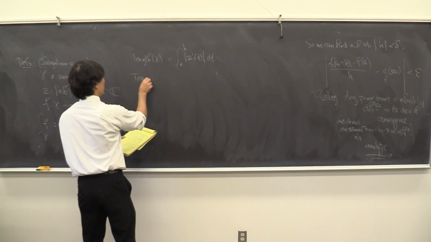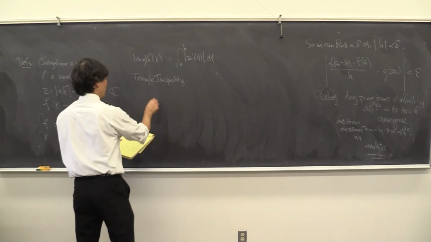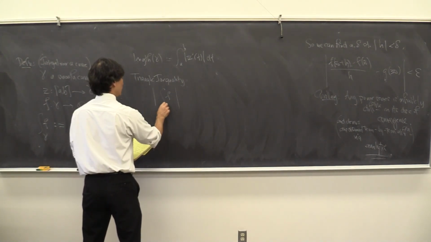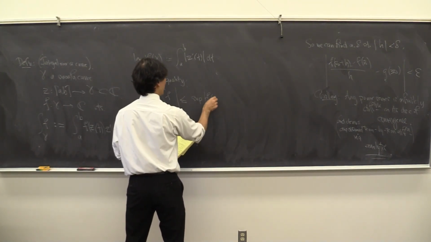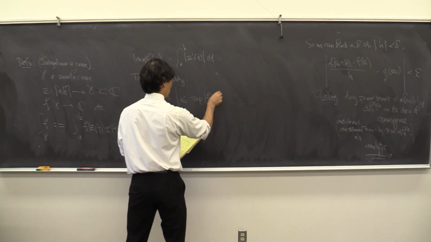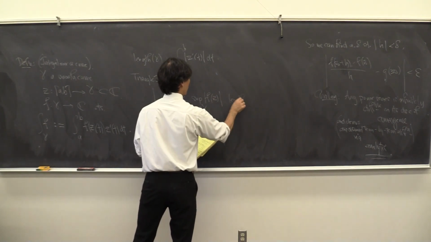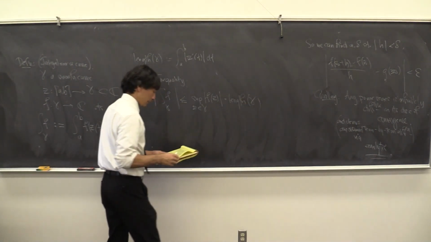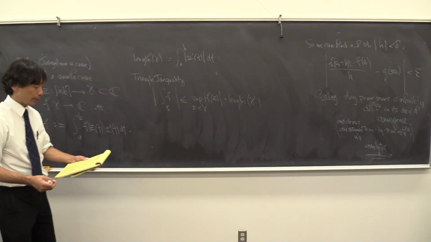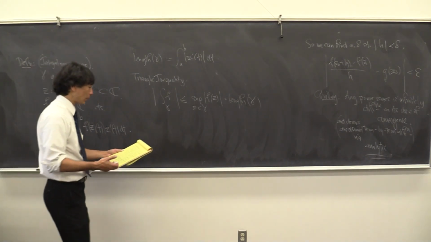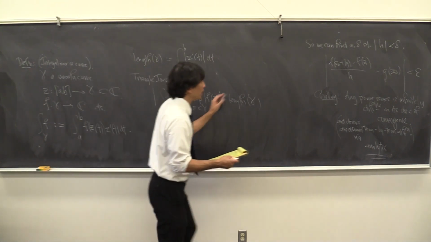We'll need a triangle inequality, that the magnitude of the integral is controlled by the supremum of the absolute value of the function over the curve times the length of the curve. And we need a fundamental theorem of calculus sort of thing.